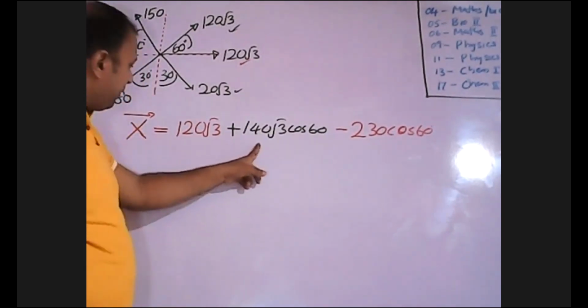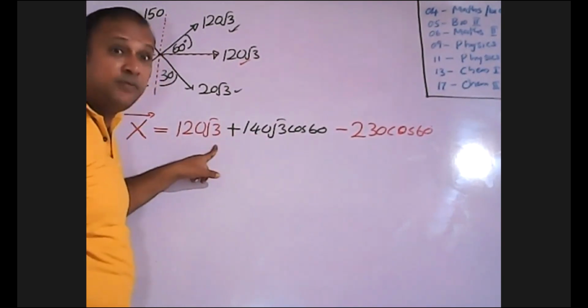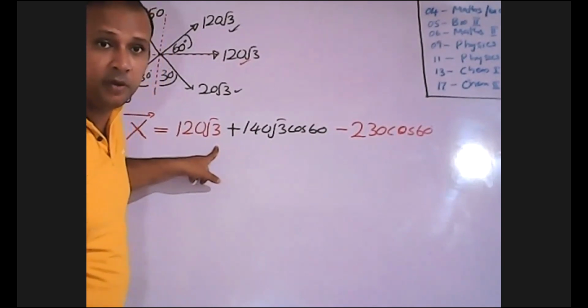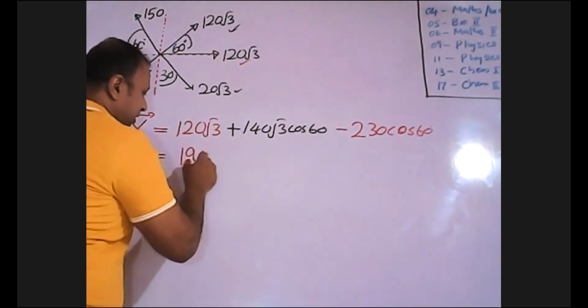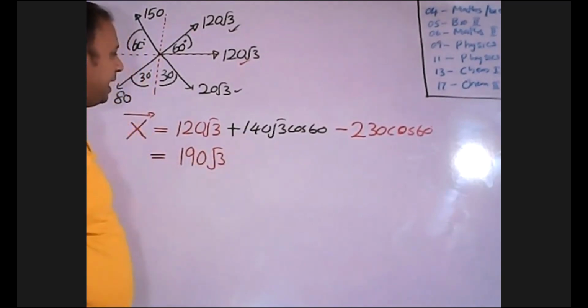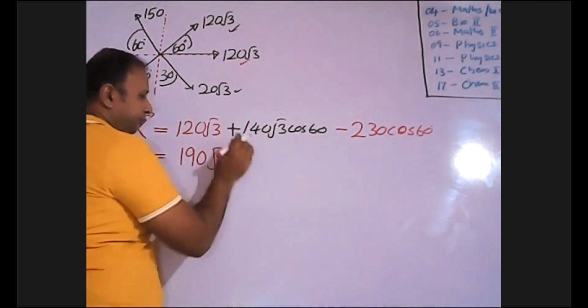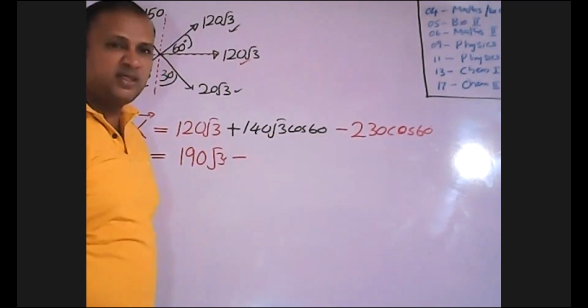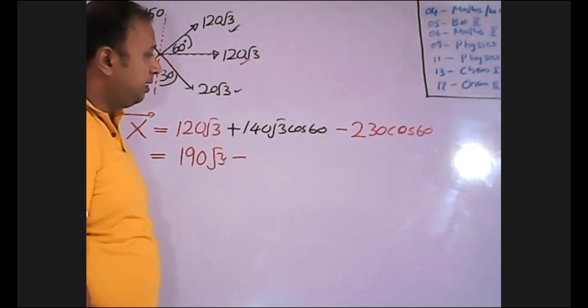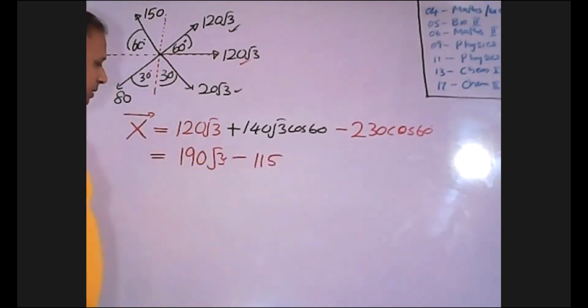That means 70 root 3. 70 root 3 and 120 root 3 can be added, so the answer is 190 root 3, minus cos 60, which is half. 220 divided by 2, that means 115. 150. You know this number is higher than this number, therefore this will be a positive value.